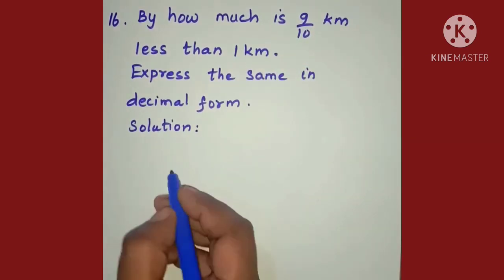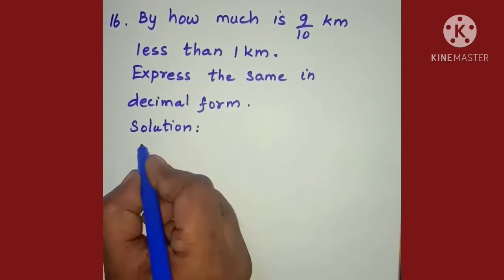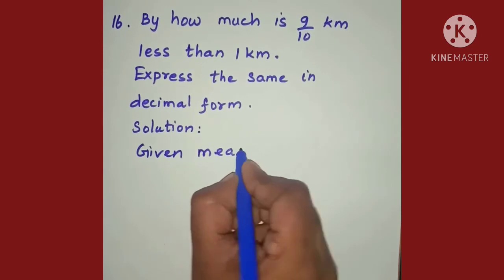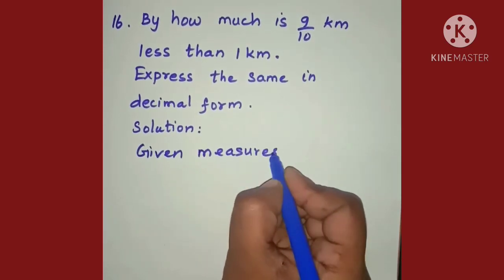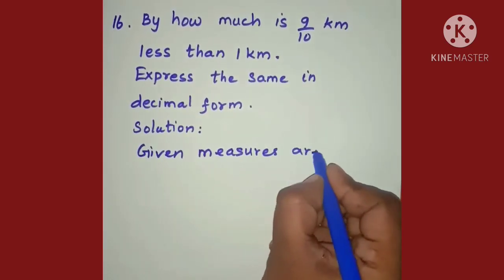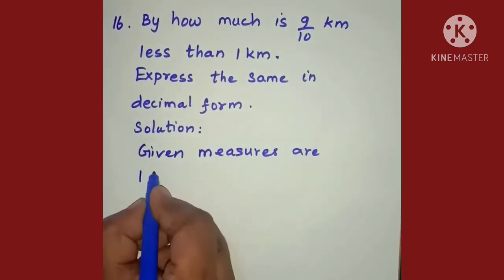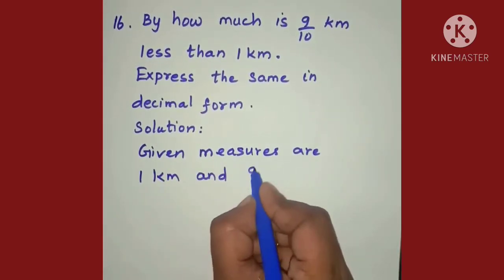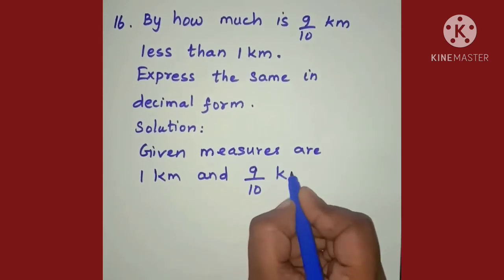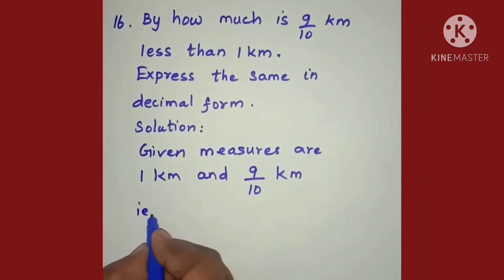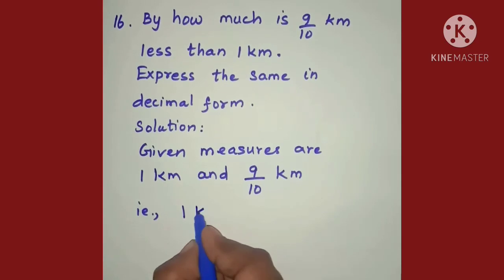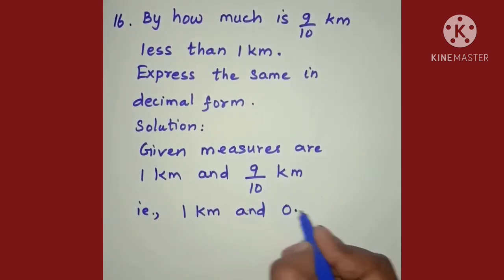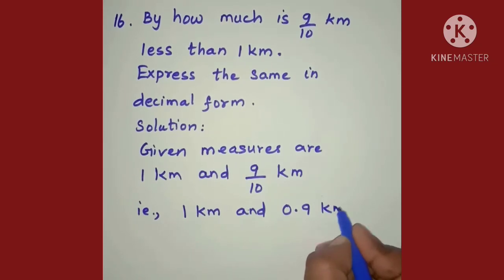So now students, the given measures are 1 kilometer and 9 by 10 kilometer. We can write 9 by 10 kilometer as 0.9 kilometer.